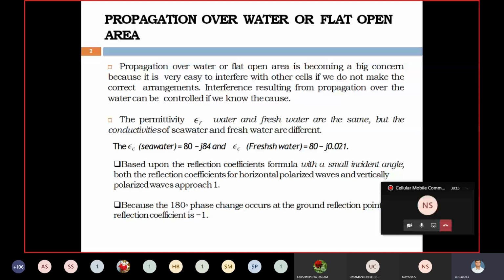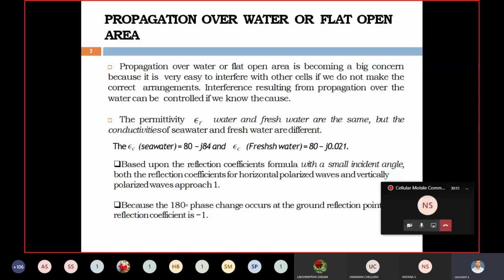Whenever the signal is transmitted from one medium to another medium, you have to check the incident angle. For a small incident angle, we assume that the reflection coefficient should be 1. When the incident angle is more, the reflected signal phase is changed by 180 degrees. At that time, the reflection coefficient is equal to -1.